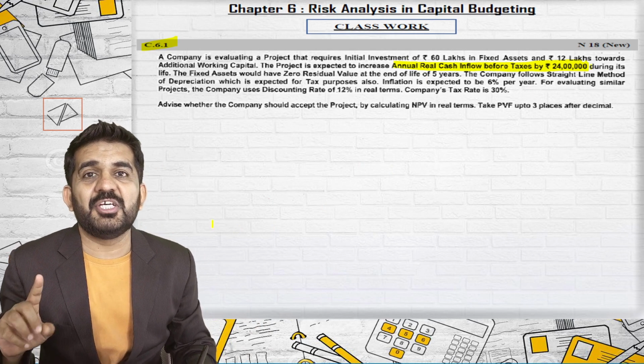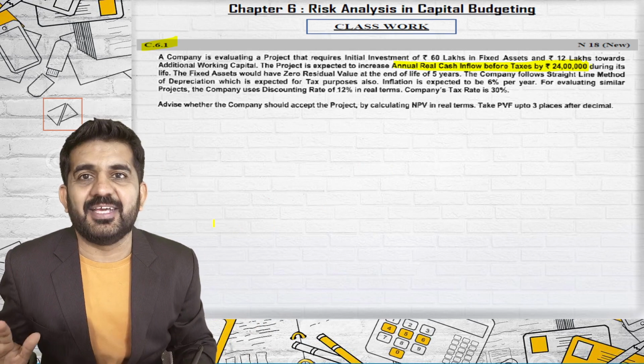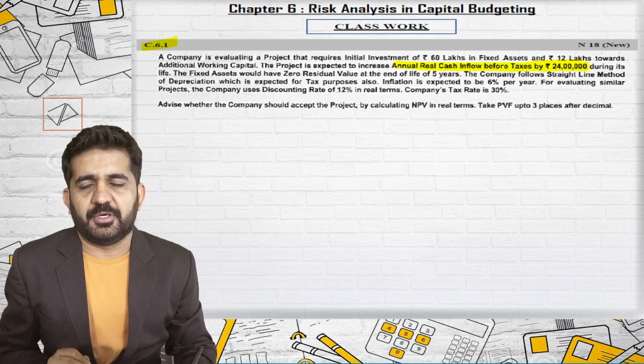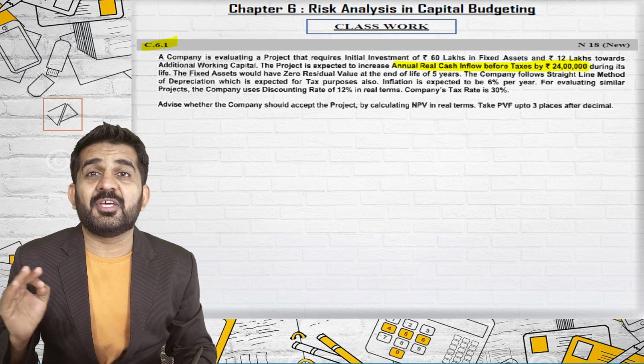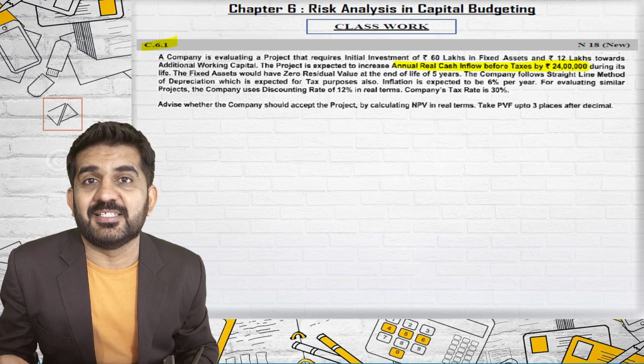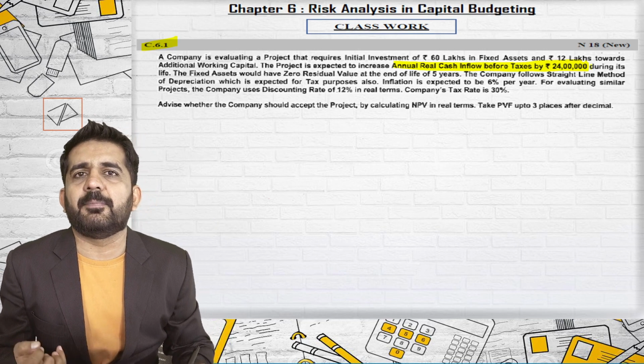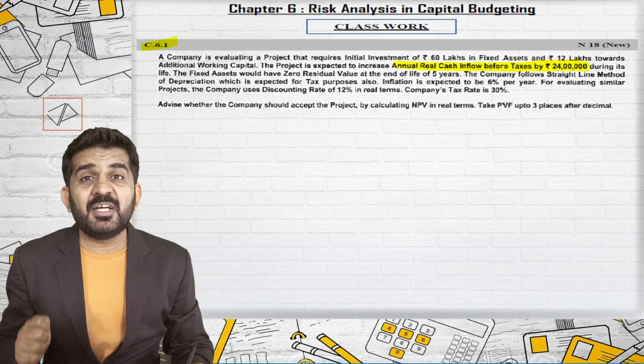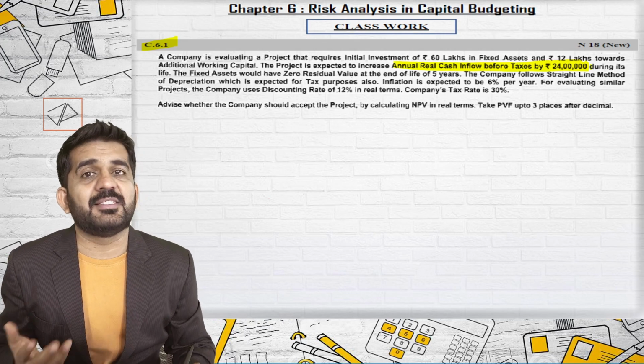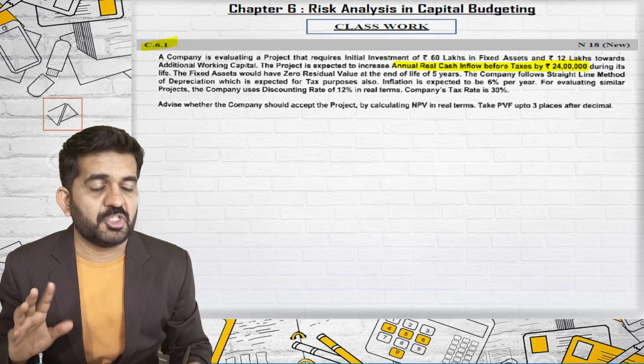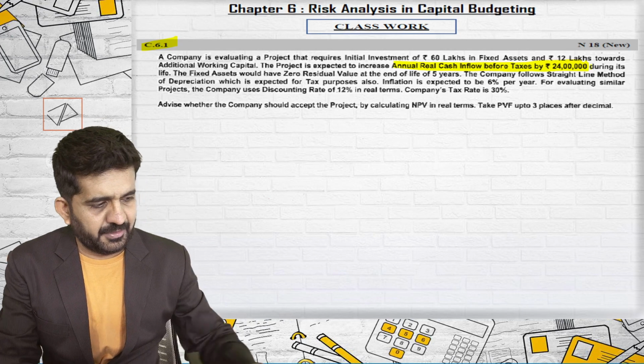So depreciation tax benefit is not taken. If it is written before taxes, that means tax benefit on depreciation is not taken. We will have to take it separately.